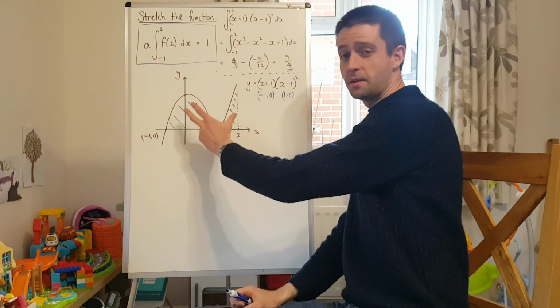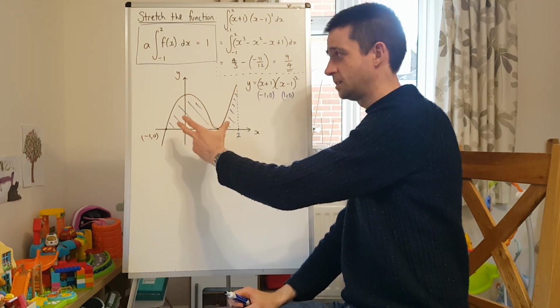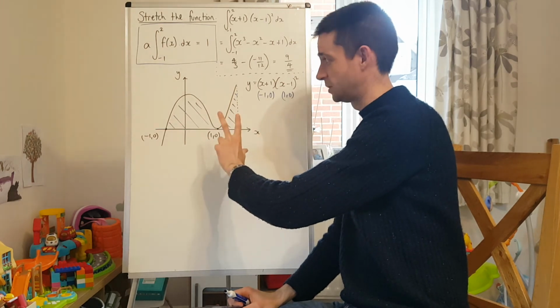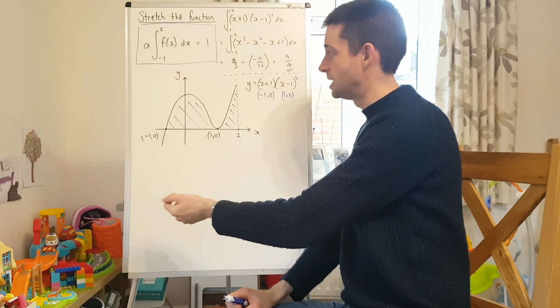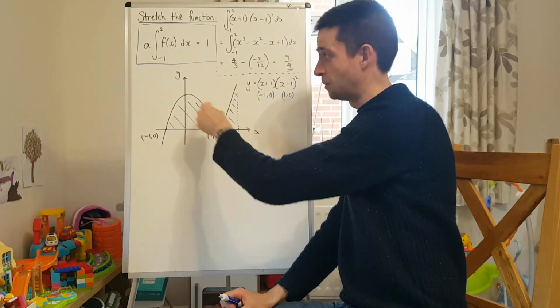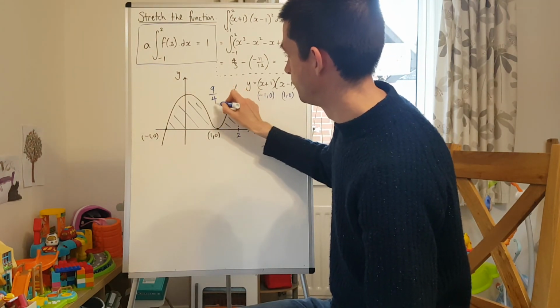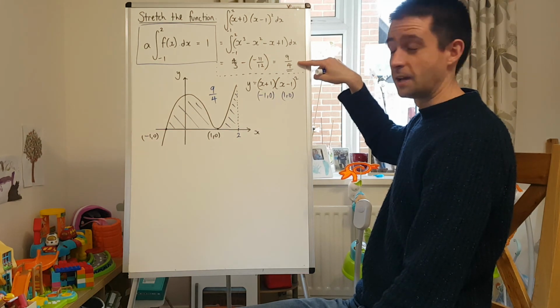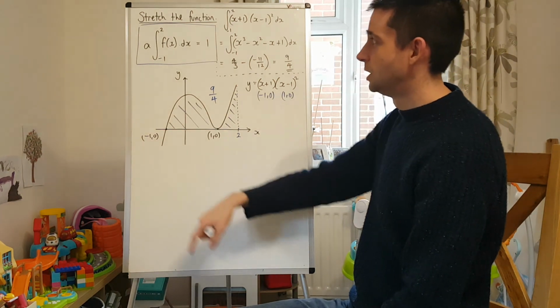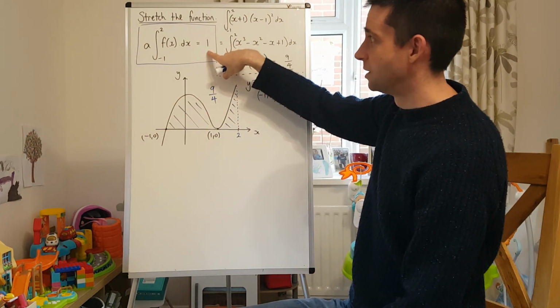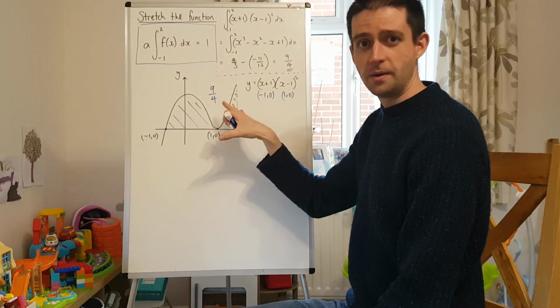Now the fact that none of that area is below the x-axis means there's going to be no negative part to this integral, and what that means is that actually the area of this section that I've shaded blue is 9/4, which is the value that I found here, and therefore to turn this into an area of 1, a would still be 4/9.